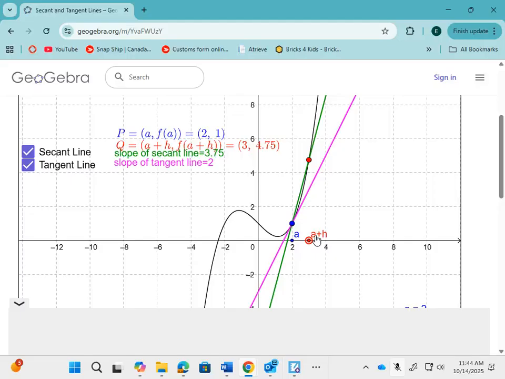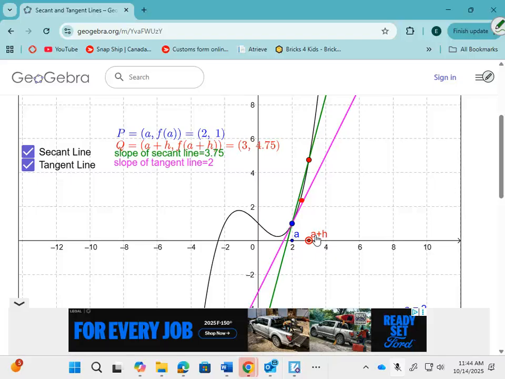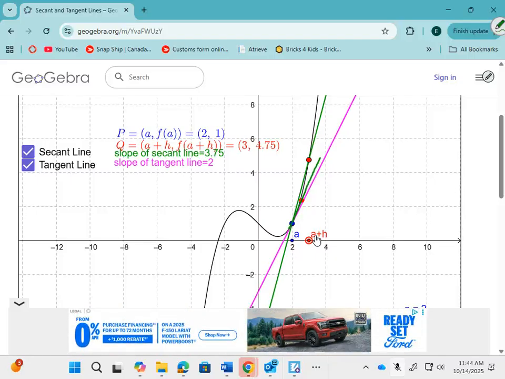What I really, really wanted to do was move this red dot here and then draw a new green line like this. And do you see the slope of the green line is closer to the purple one?